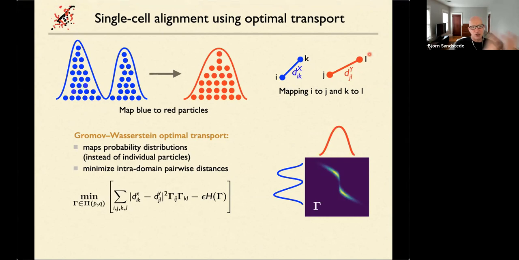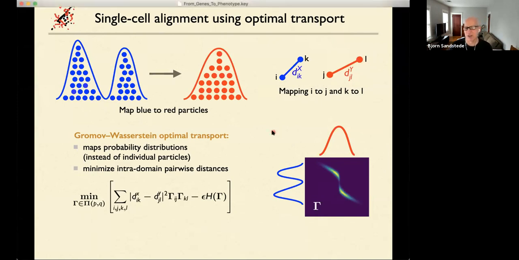And you would like in your mapping for these to be preserved as much as possible. So if two data points are close, so they have similar gene expression levels, you don't want to map them into two DNA methylation data that are very far apart. You want them to be close as well, right? So close data points should map to close data points. And ideally, you want to do this for all of the different data points that you have.